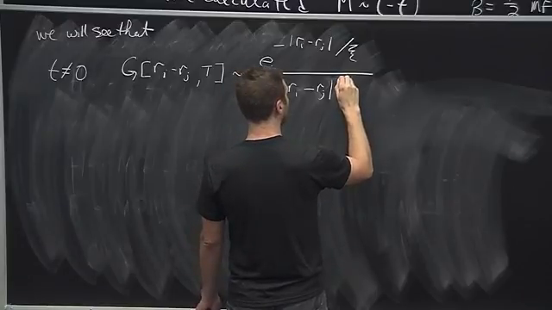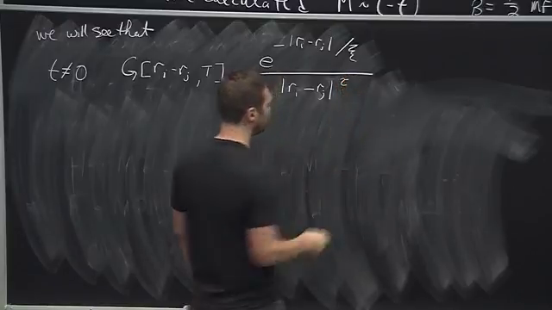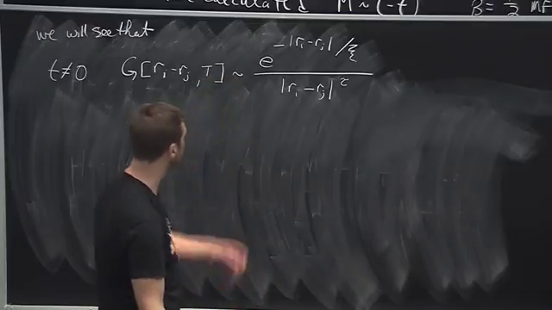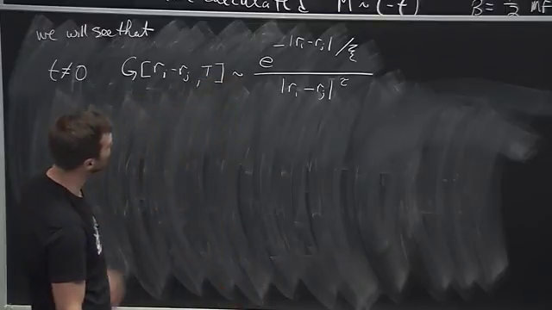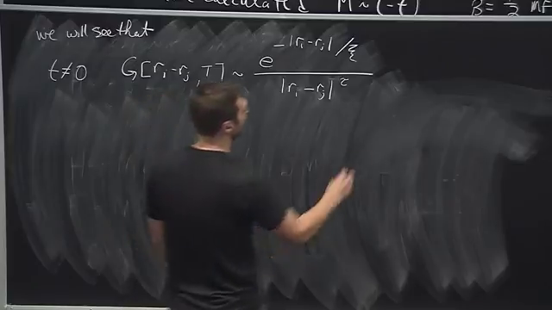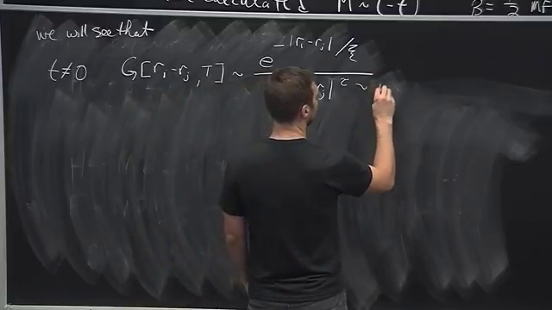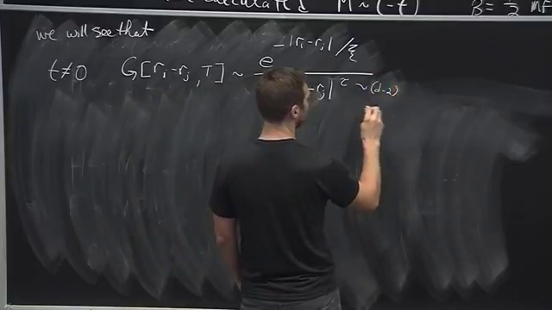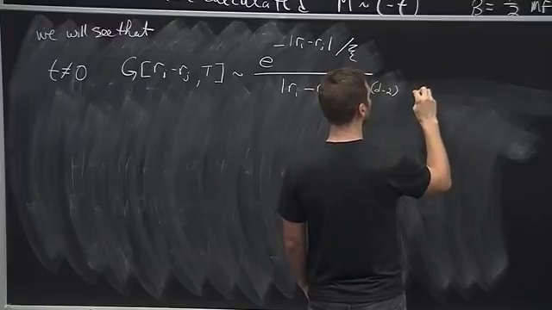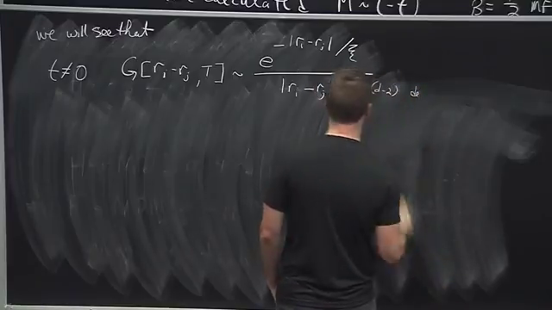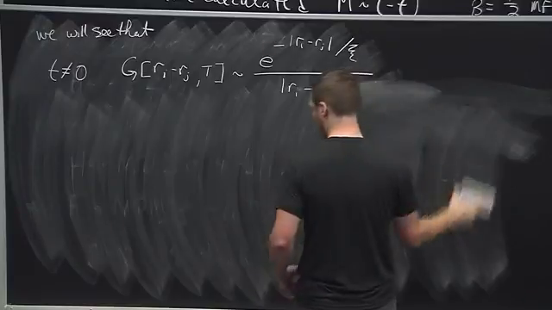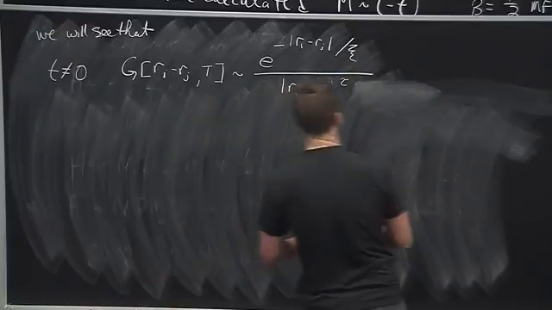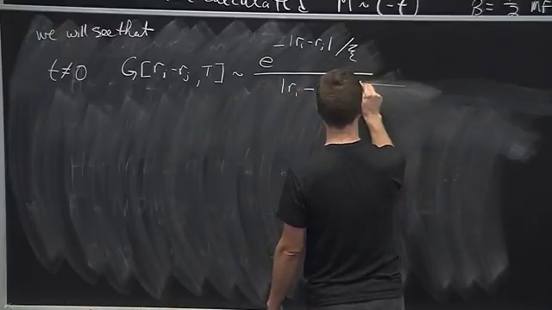Okay, and we can use tau there, but tau is just some power. It's something like d-2. It depends on dimension. So it's not a critical exponent in the sense that I'm talking about.